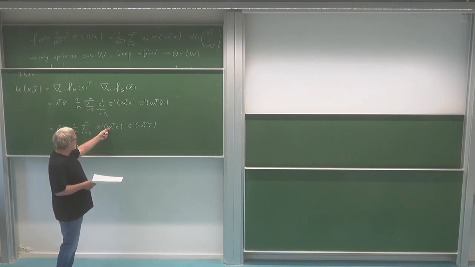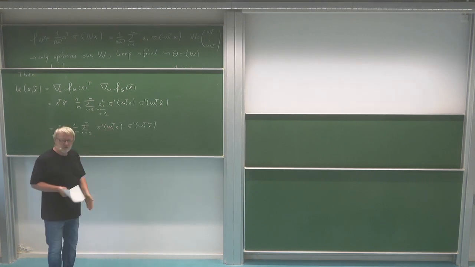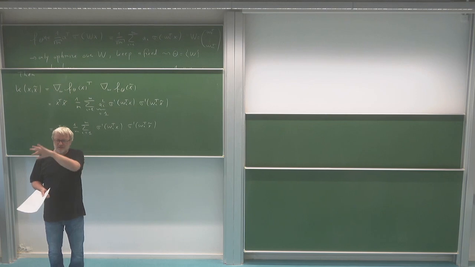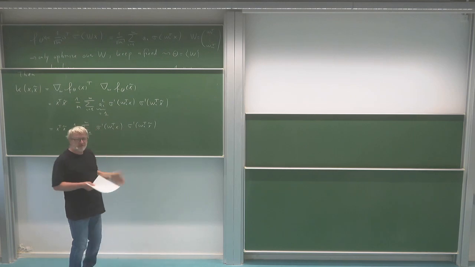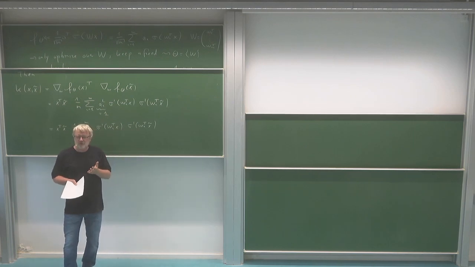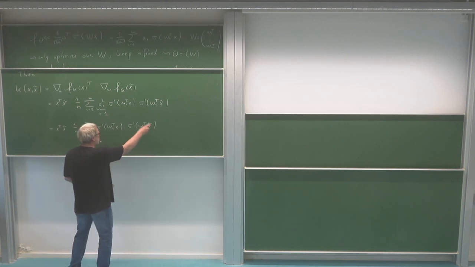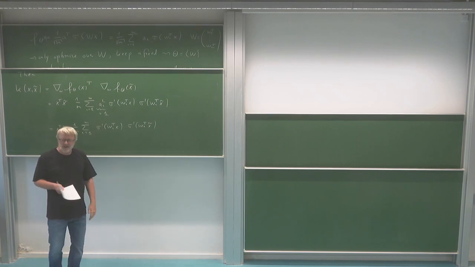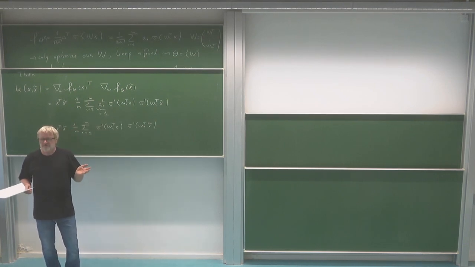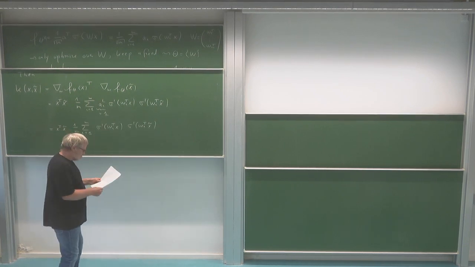Because the wi are the vectors of my matrix, and all the entries in my matrix are independent. So the w1 vector is independent from the w2 vector, and so on. So this here for i equal to 1 is independent from the same thing for i equal to 2, and so on. And they all have the same distribution, because each wi here is just a Gaussian random vector with the same covariance.